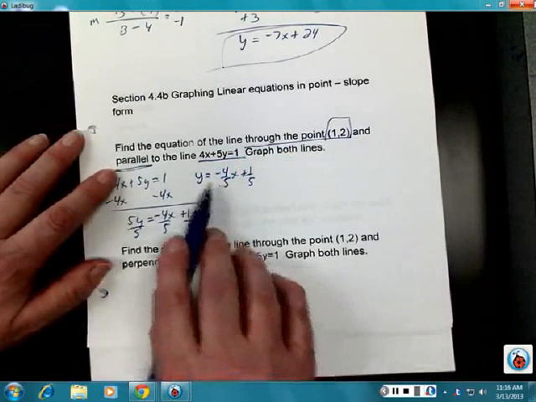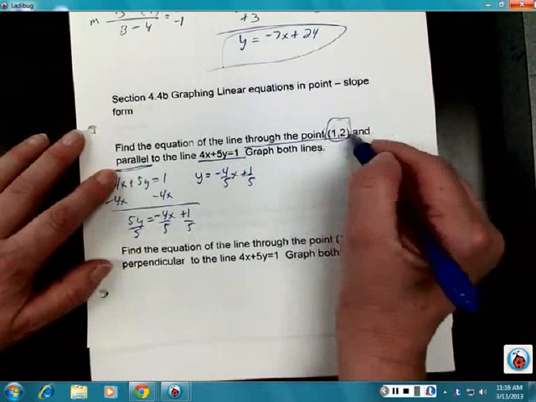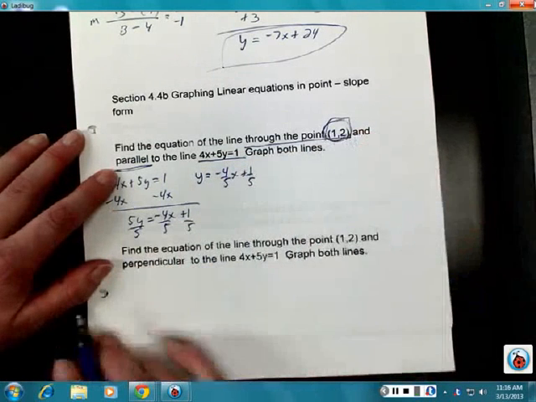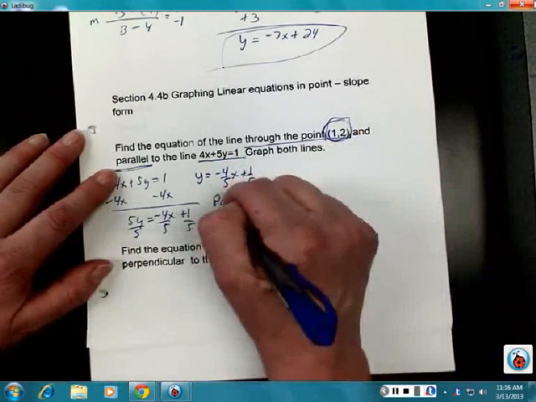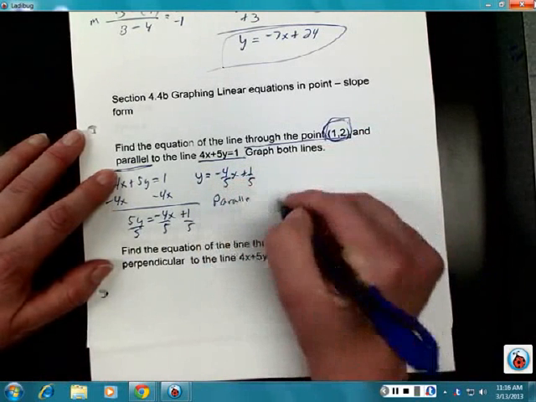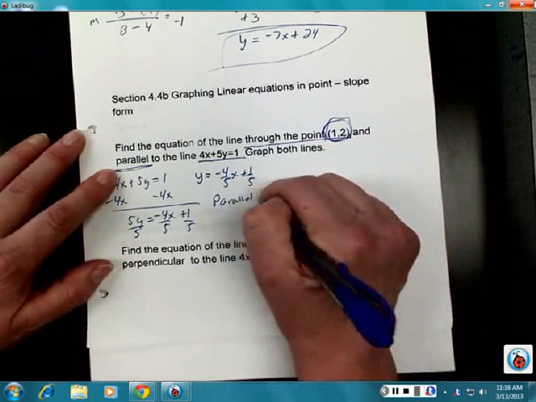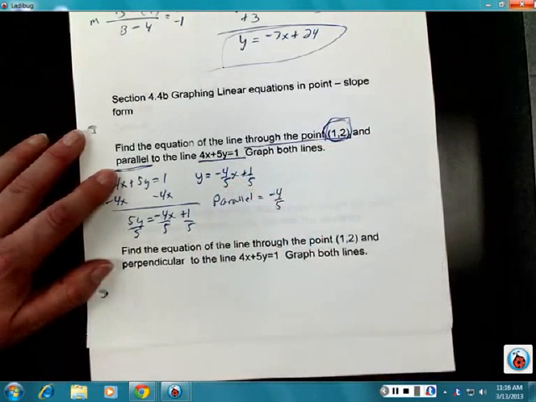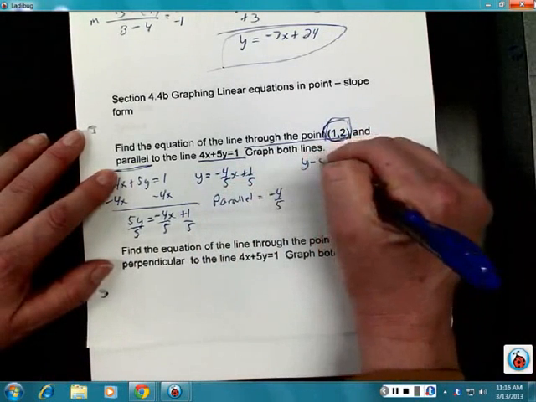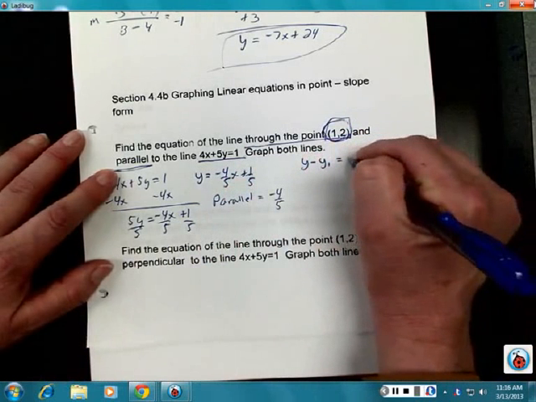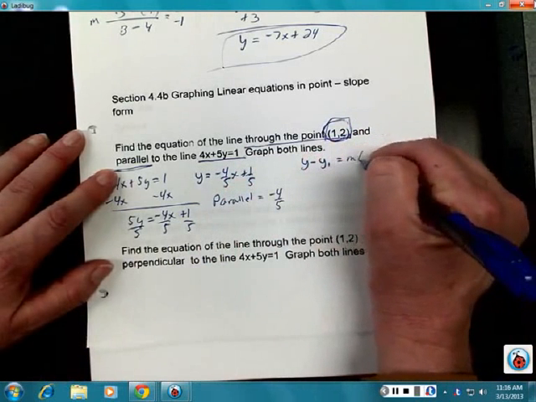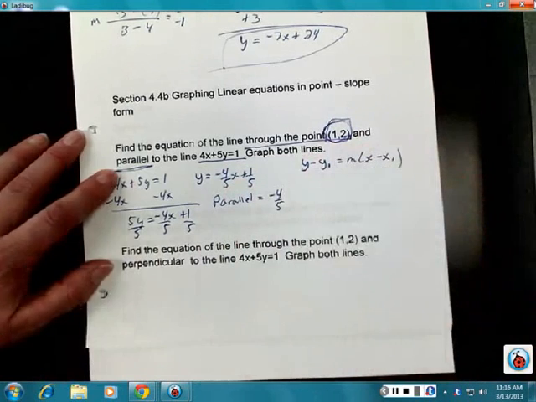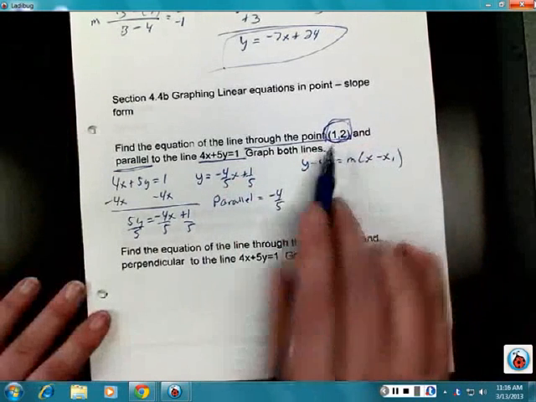So now my slope that's going to go along with this point right here, because it's parallel. Parallel, of course, means it's the same slope, so I want a negative 4/5. Now I need to use my formula from the last section and solve it using this point.